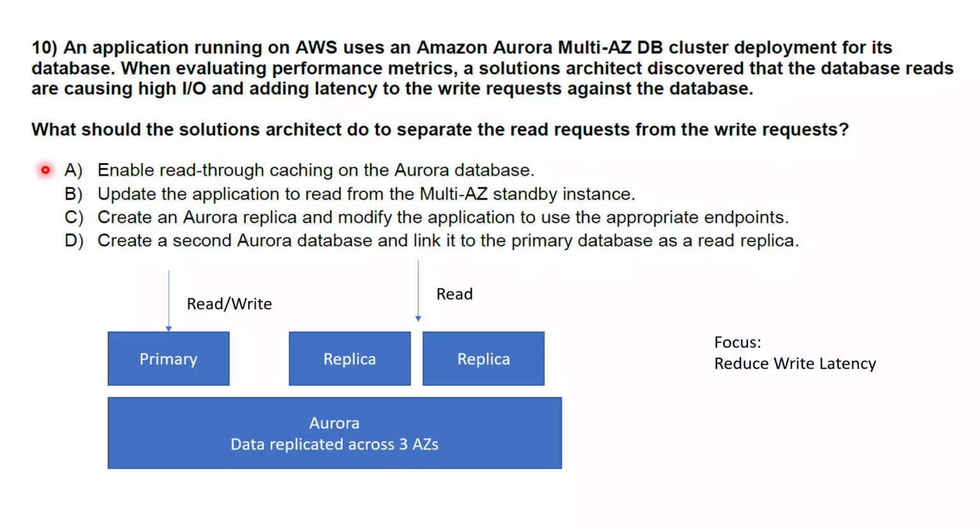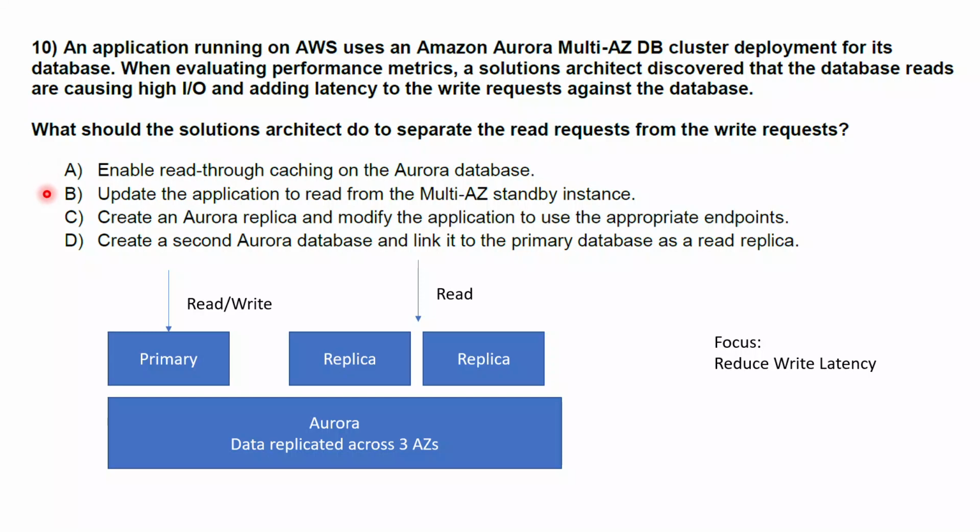So let's look at the options. Choice A asks us to enable read-through caching on the Aurora database. Read-through caching uses a cache to answer queries, and when there is a cache miss, it will read from the disks. This might help, but most databases are already smart enough to use cache.